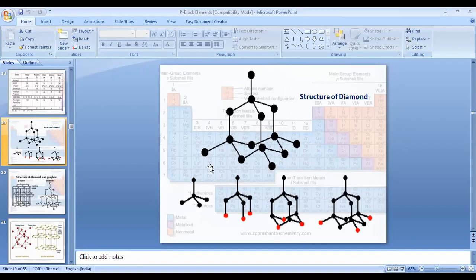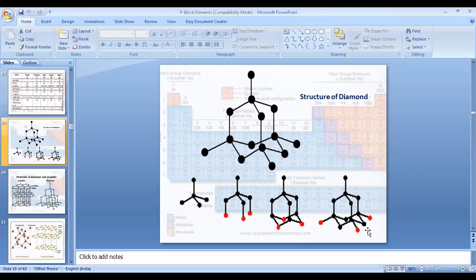Here a single tetrahedral unit is shown, and when this unit binds with another tetrahedral unit, this is the third step. And when all these points are occupied by carbon, then a three-dimensional network of fixed points is observed. So how can we see the structure for the diamond that we can study?